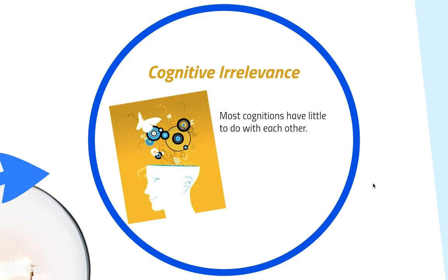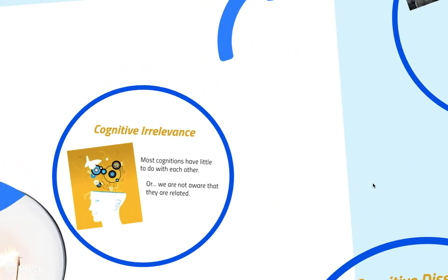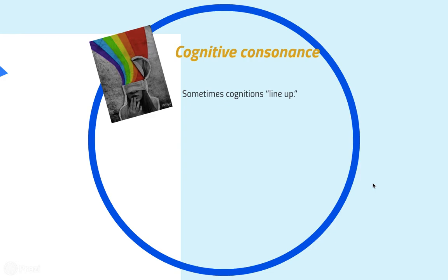So cognitive irrelevancy is when the ideas just don't relate. Now, it might be the case that they are related, but we're just not aware that they're related. So from our perspective, they're cognitively irrelevant until somebody points it out to us or we figure out that they're actually lined up.